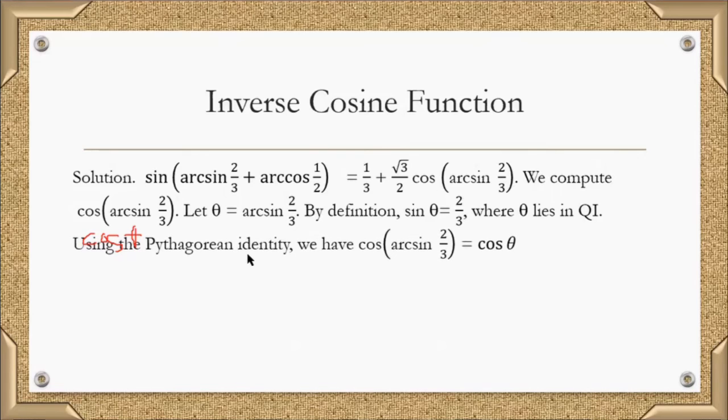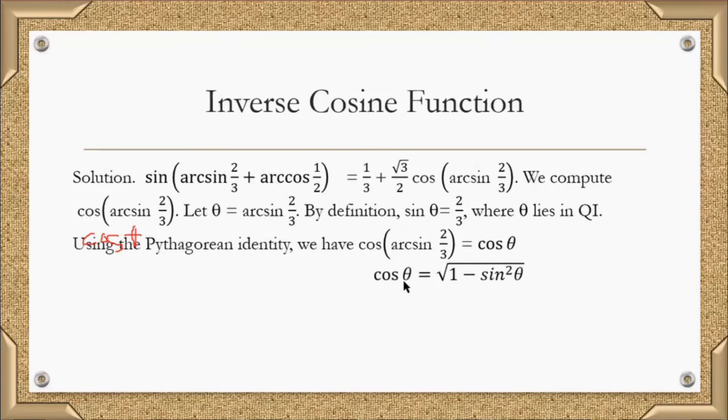So, using Pythagorean identity, gamitin natin yung Pythagorean identity. So, meron tayo ngayong cosine of arc sine 2/3, pwede na natin gamitin yung cosine theta, kasi ginamit natin as the theta, ang theta natin ay arc sine 2/3.